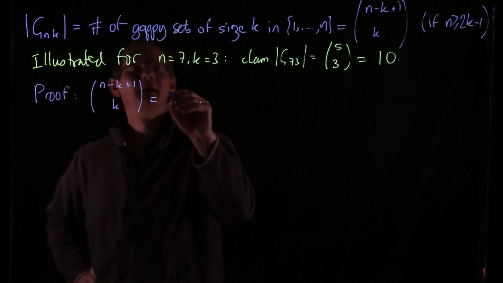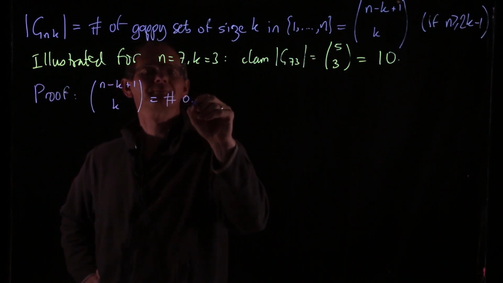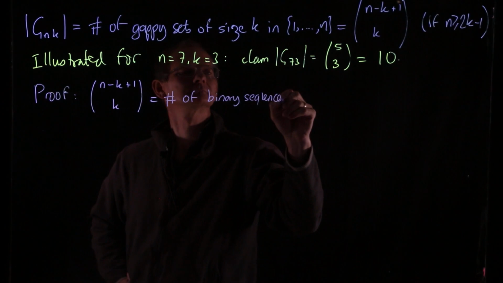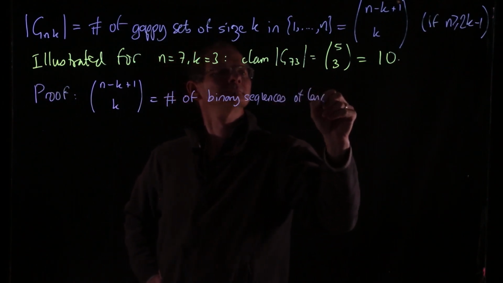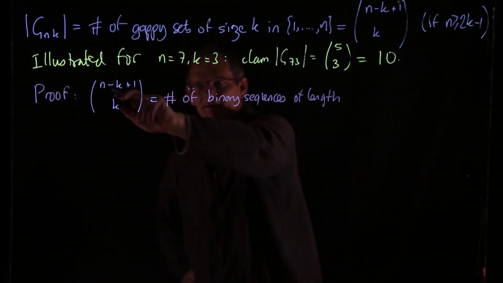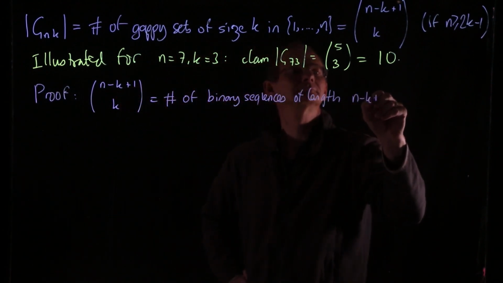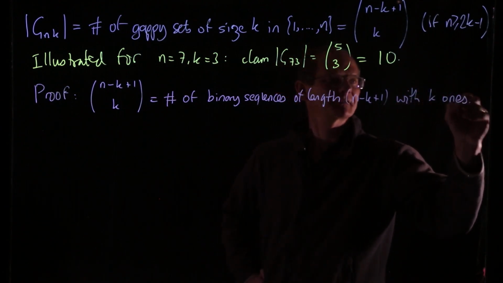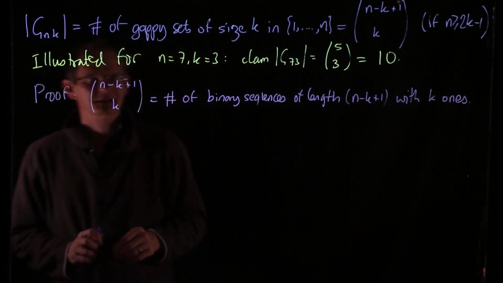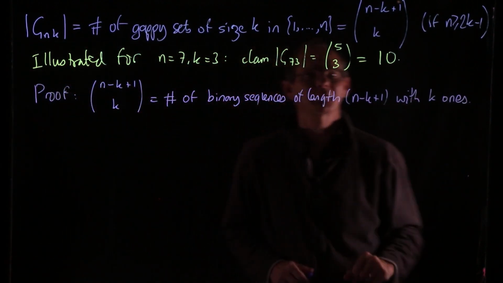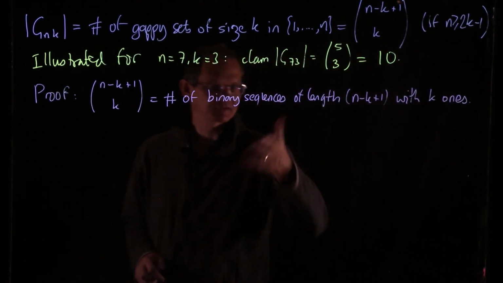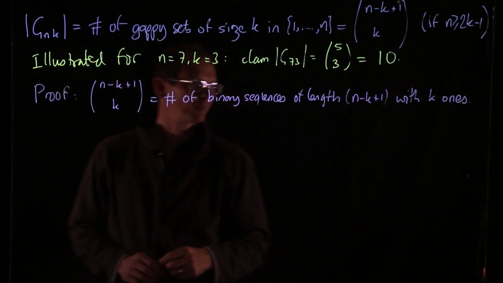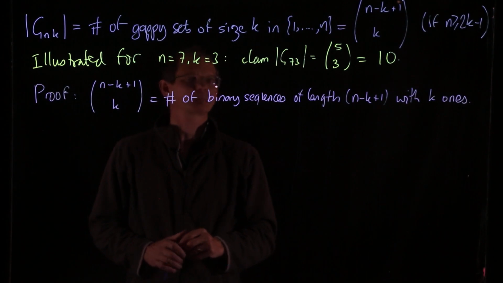Remember, this is the number of binary sequences of length n minus k plus 1, where every entry is either a 0 or a 1, and the number of ones is k. If you look at which positions the ones appear in, that's a set of size k in 1 up to n minus k plus 1. So that's the same as this binomial coefficient.